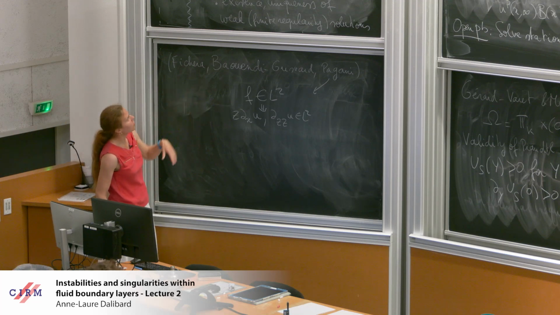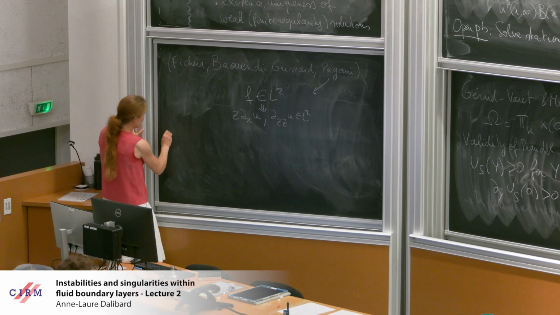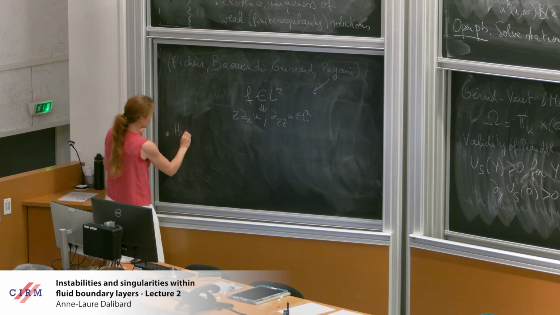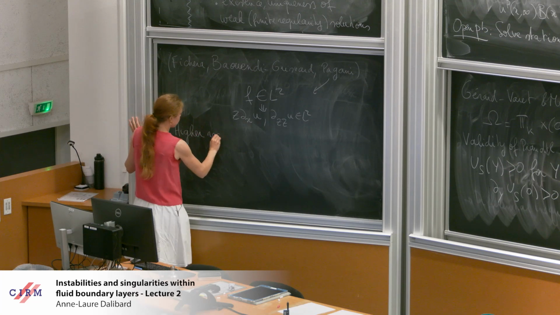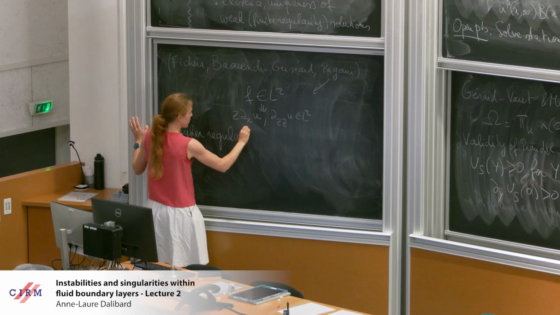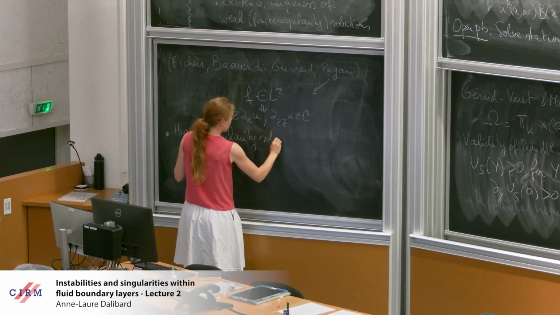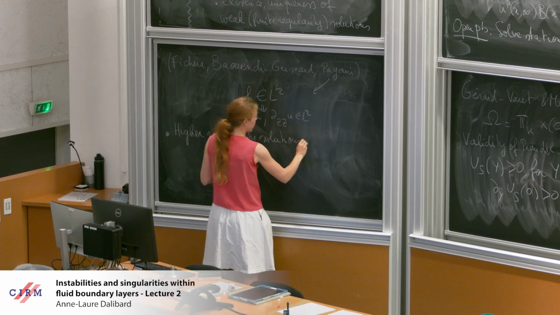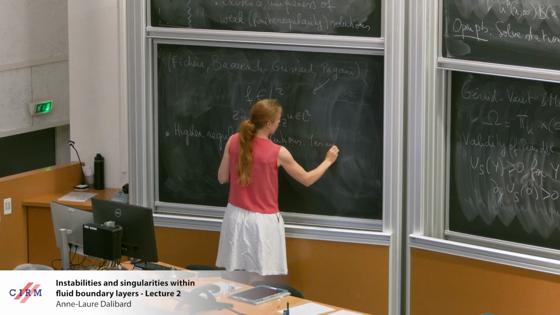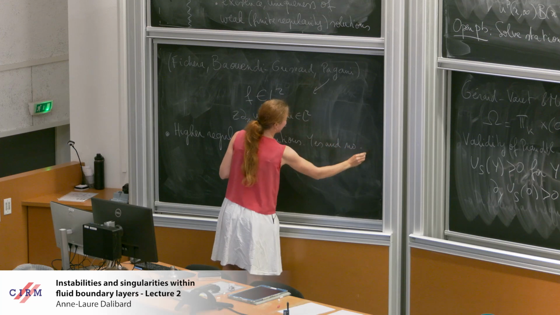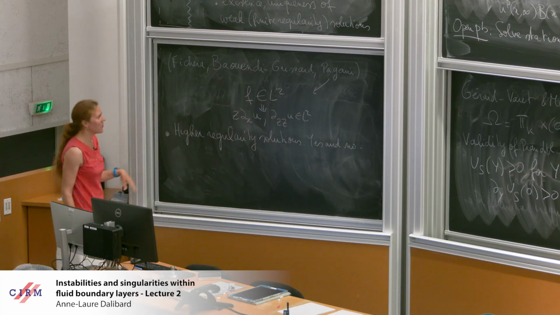So you have nice weak solutions. And then the question is, can you have higher regularity solutions? And this is what I will conclude with today. The answer is both yes and no, in the following sense.